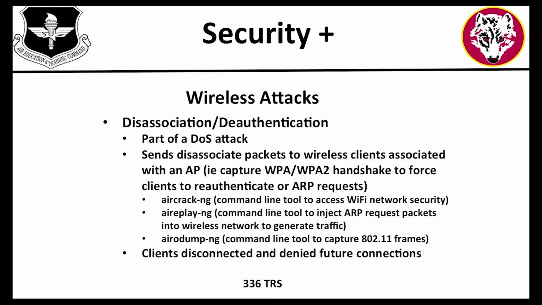It's basically there to force the clients to re-authenticate, or it's going to gather those physical address associations with the IP, an ARP request. A lot of times the disassociation attacks will utilize command line tools, which could also be part of GUI-based tools, such as Aircrack, Aireplay, and Airodump.